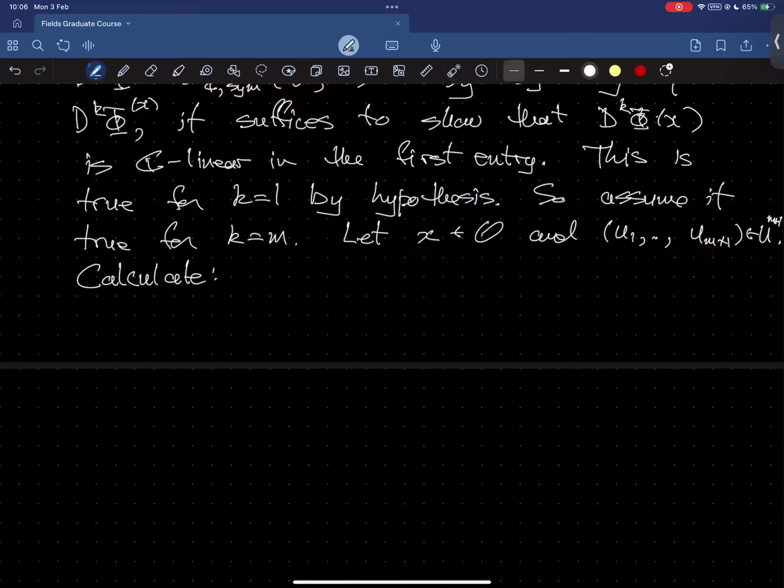We're going to calculate it as a difference quotient, the limit as t goes to 0, and now t is a real t, because I'm assuming real differentiability, not complex differentiability.